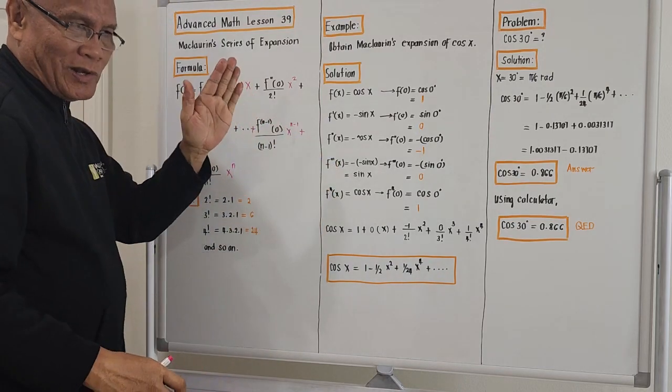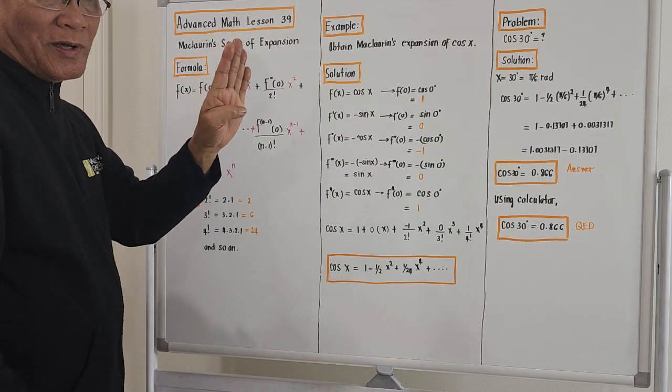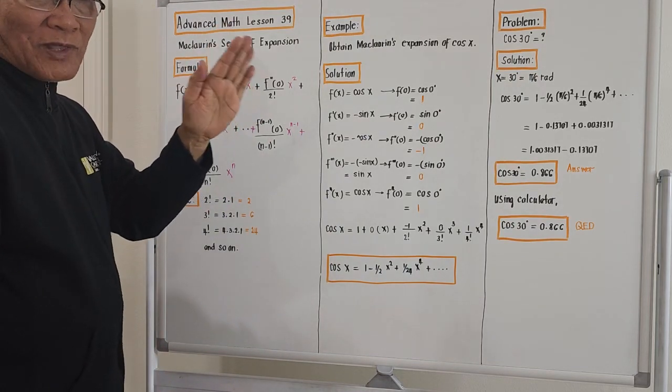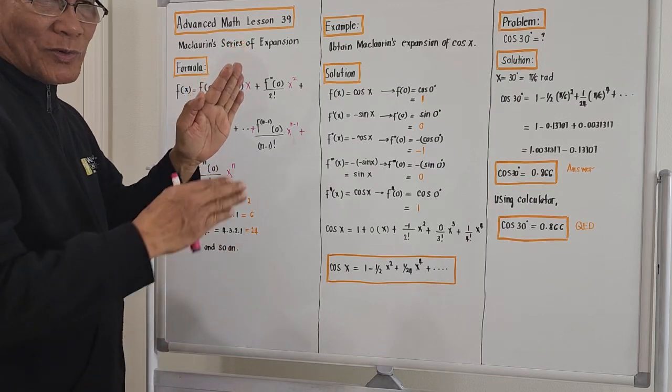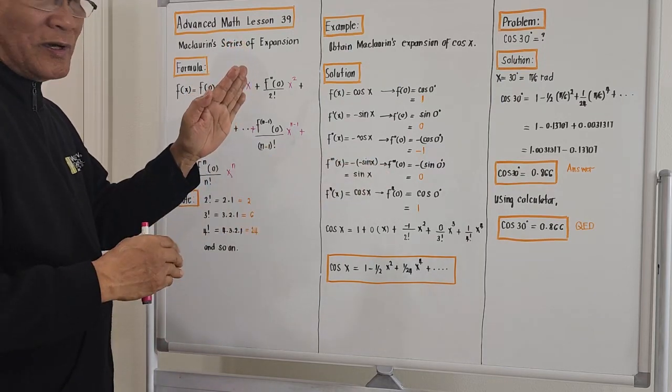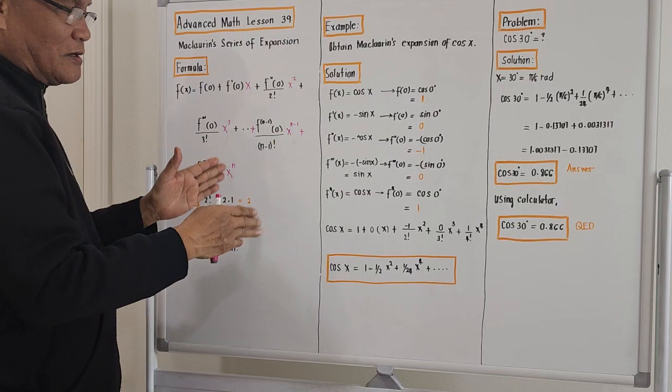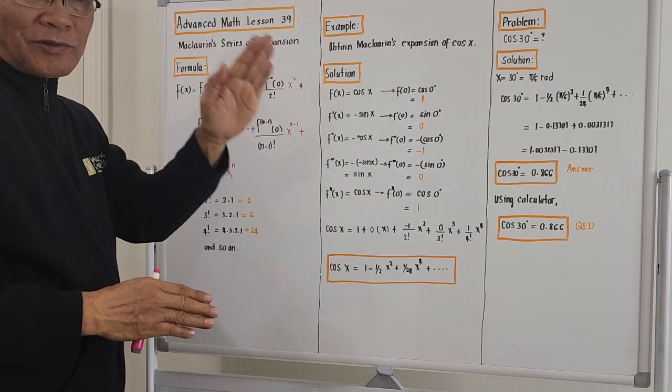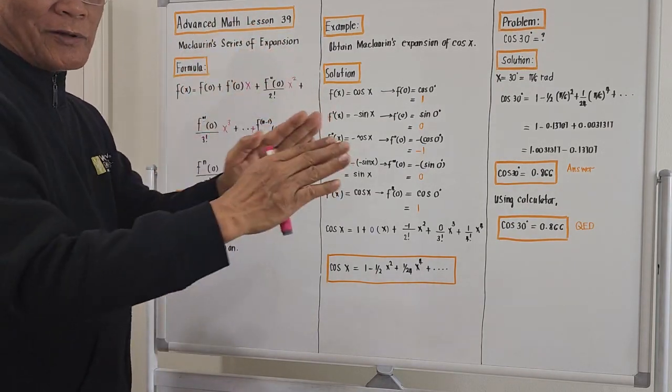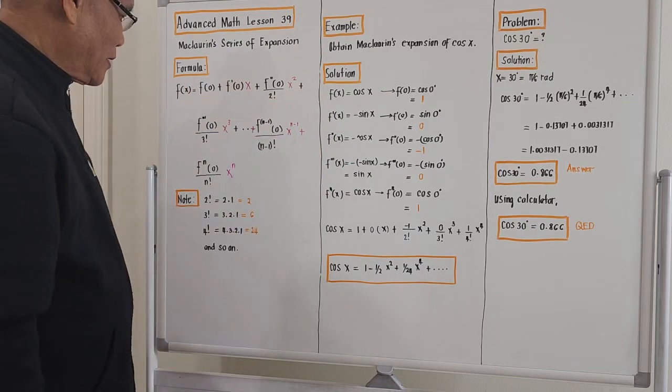So we'll just use up to the fourth derivative or fifth derivative maybe. That's for practical purposes. We will not include all the terms. Up to the fourth or fifth derivative will already give the value of the function of x.